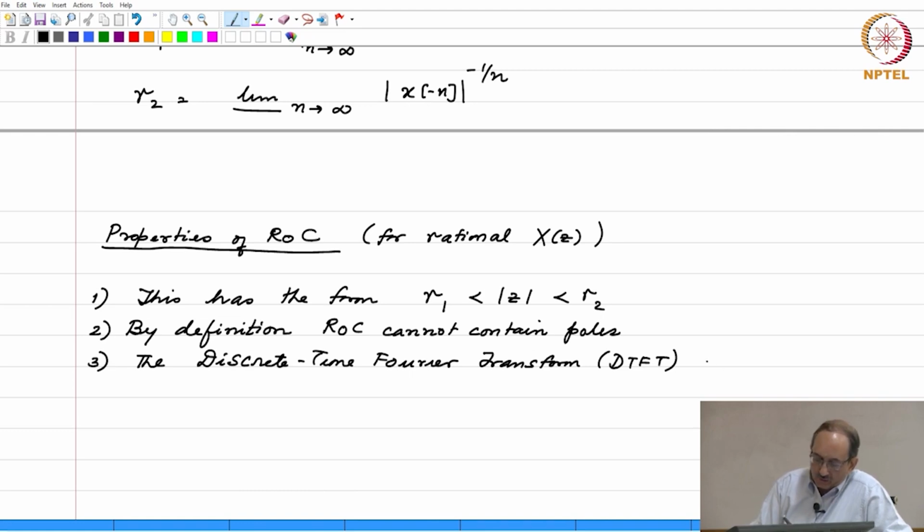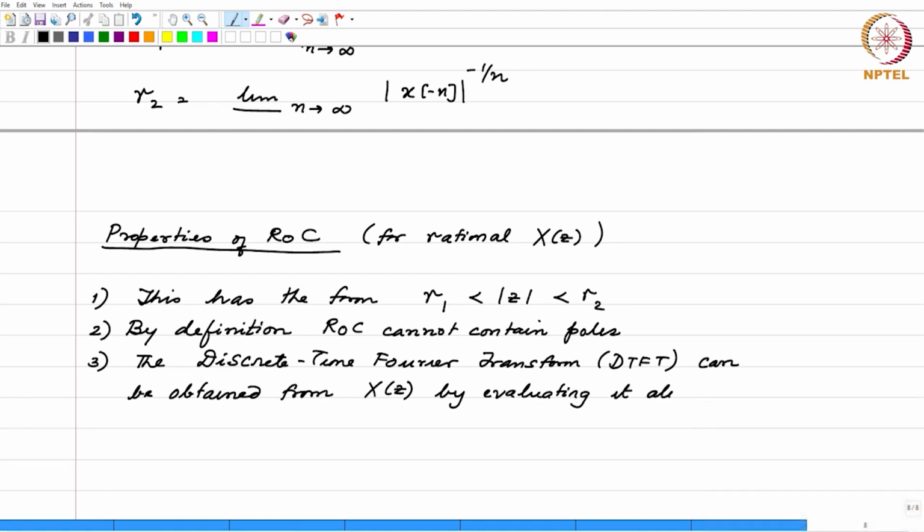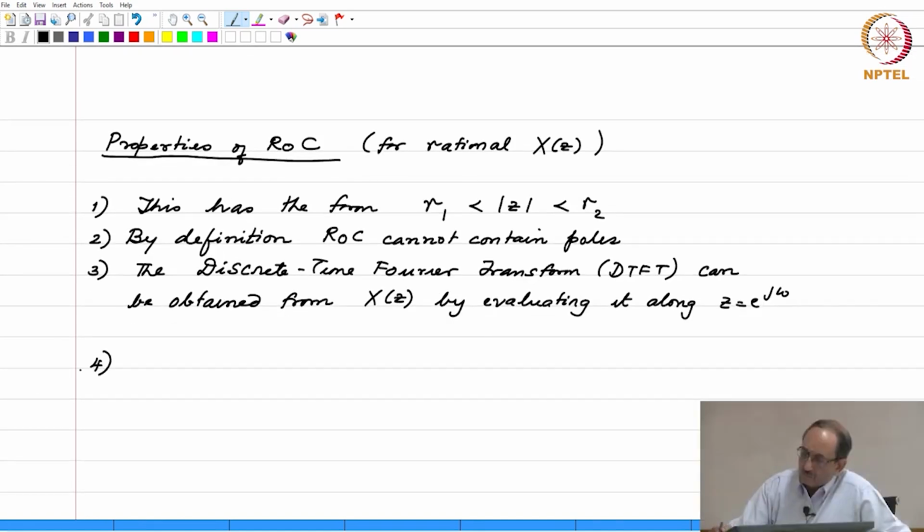The discrete time Fourier transform can be obtained from x of z by evaluating it along the unit circle. This should remind you of evaluating the continuous time Fourier transform by taking the bilateral Laplace and replacing s by j omega.